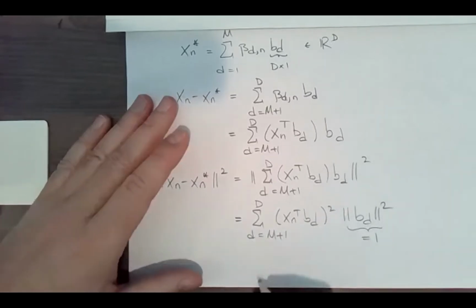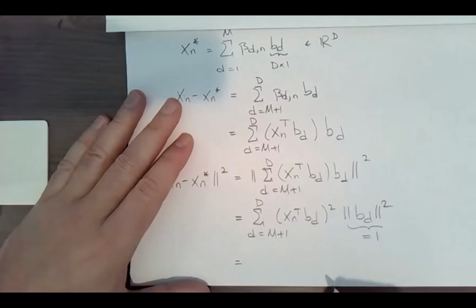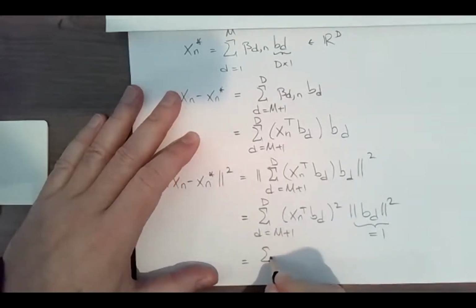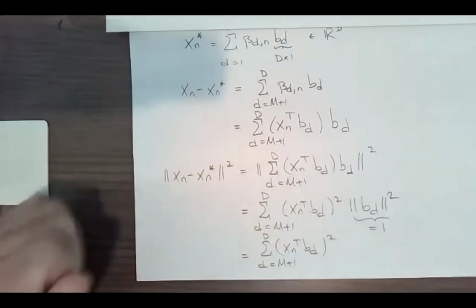So we end up with this objective, which is the sum from d equals m plus 1 to d of xn transpose bd, squared.